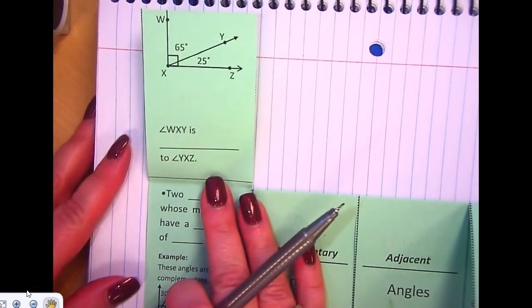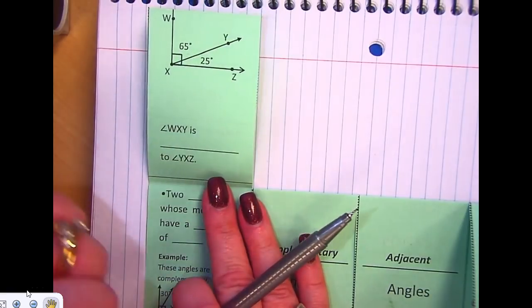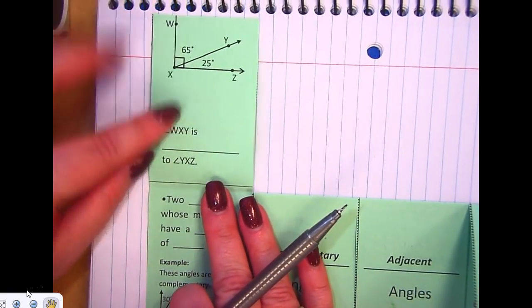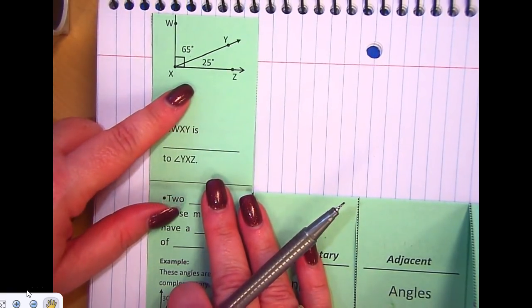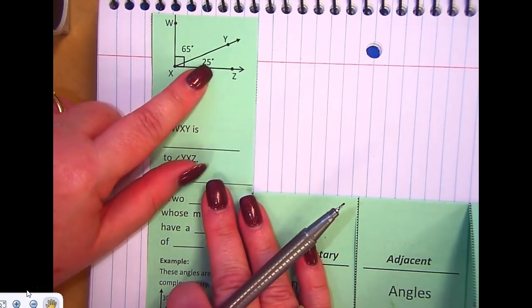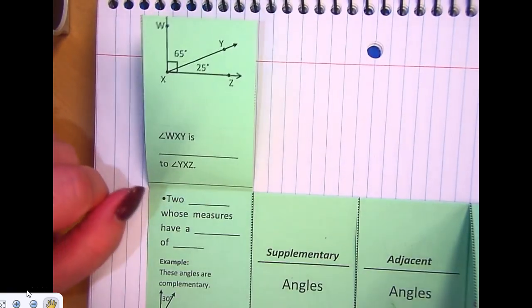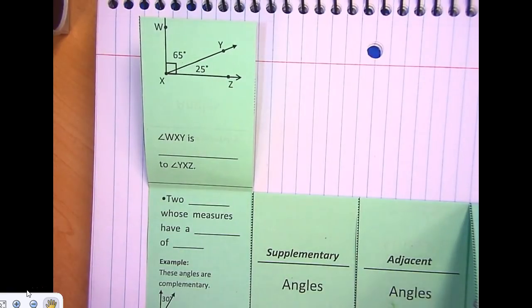So here is a picture of a set of complementary angles. And we said that complementary angles have to add up to 90 degrees. 65 plus 25 is 90 degrees. So angle WXY.